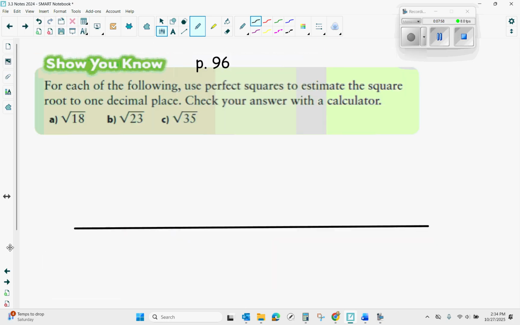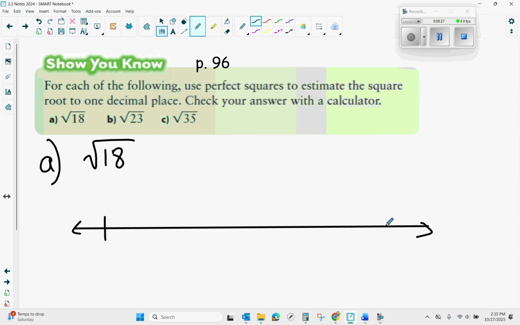So the back side of your page basically has 3 of these. Use perfect squares to estimate the square root of each of these to 1 decimal place, and check your answer with a calculator. So we are going to draw a number line for all 3 of these. The first one I'm going to do is the square root of 18, and draw my number line.